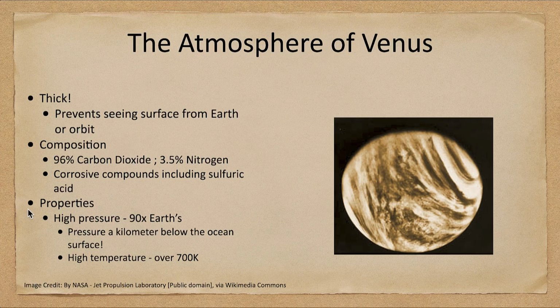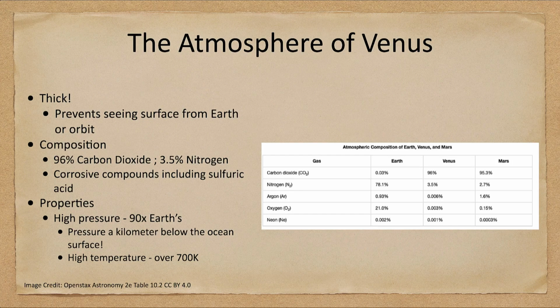Now let's look at the atmosphere in a little more detail here. And here we can see the breakdown of what we see for Earth. This we've already looked at as compared to Venus and as compared to Mars. So we'll come to Mars later on in these lectures. But we see Venus, there's a big difference in the amount of carbon dioxide.